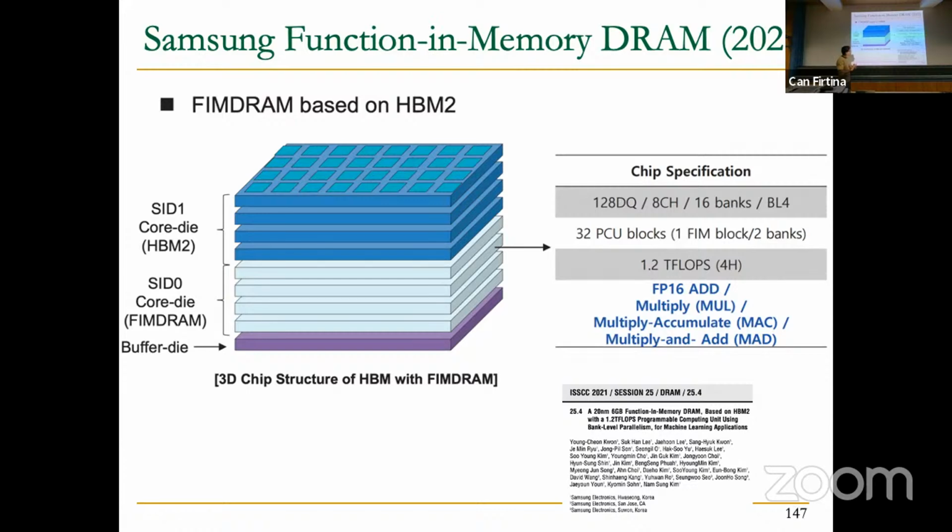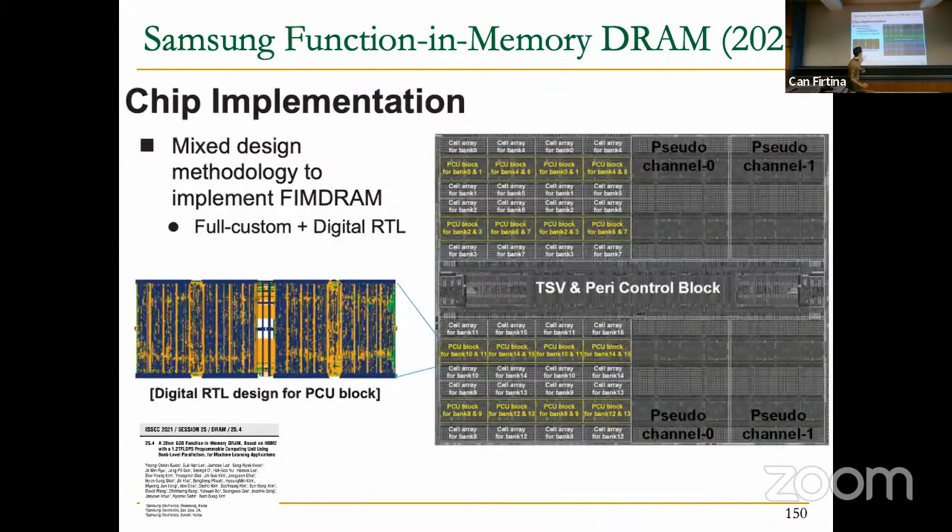But the interesting thing of this FIMDRAM from Samsung is that they modified some of these layers to integrate small processors inside the layers. I have the slide here, where you see the picture of the chip implementation of one of the layers. As you see, the memory layer is divided into pseudo channels.